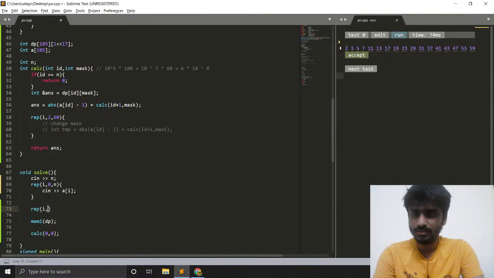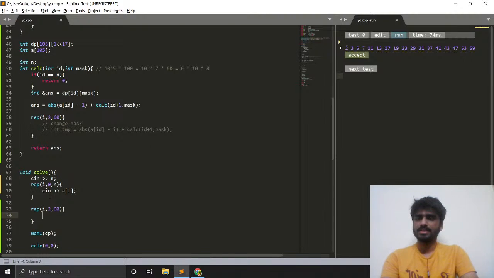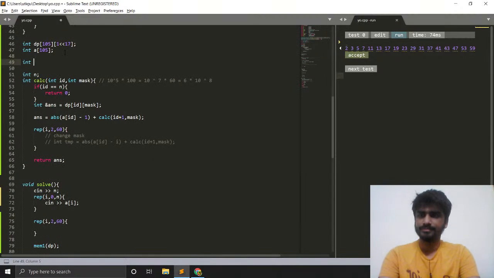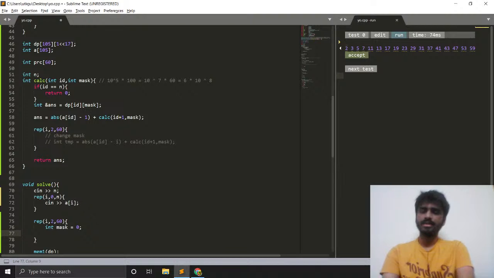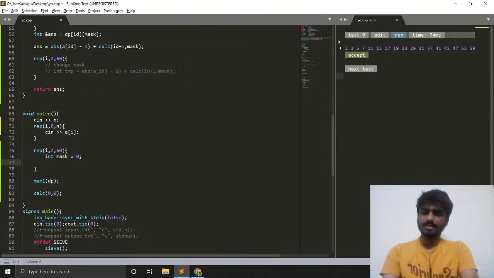So for 2 to 60, what we can do is just pre-compute the mask. Now for this mask we will include all of the prime factors.